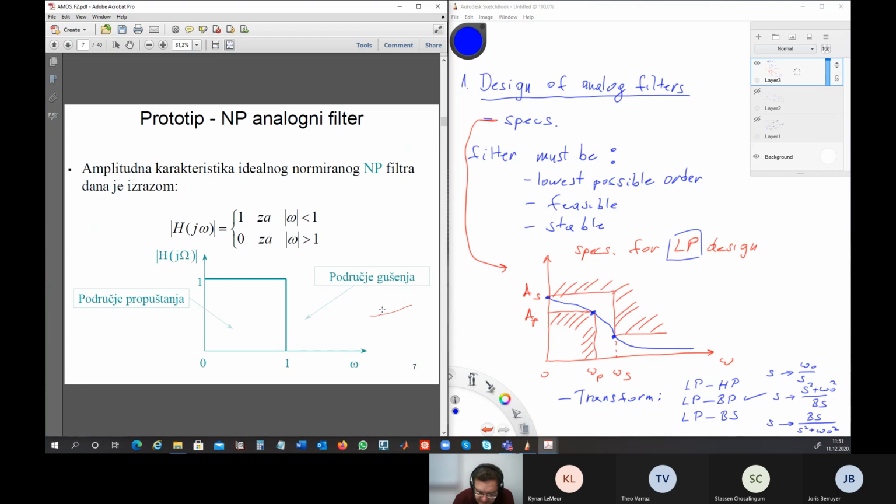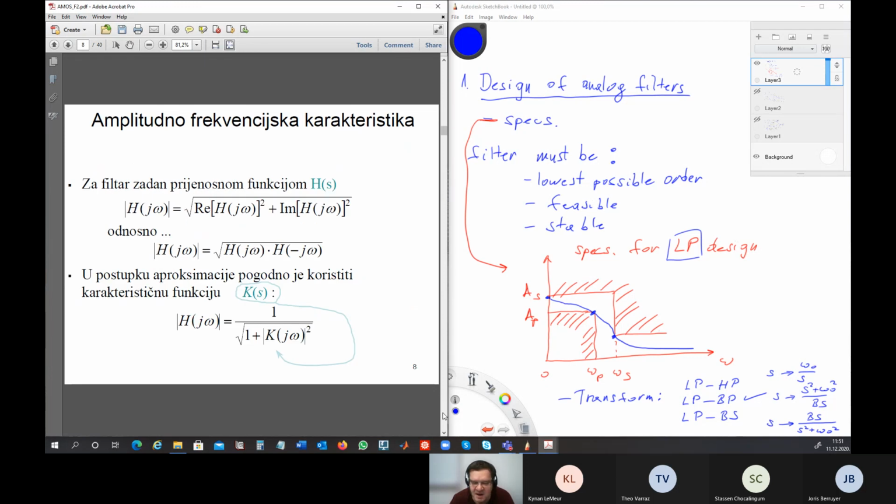This here on the left is called a brick filter, which is ideal, and unfortunately we cannot make such a filter in reality. So to design such a filter, we will have to make some approximations. To make an approximation of amplitude, this is amplitude, we start with characteristic functions, K of j omega.